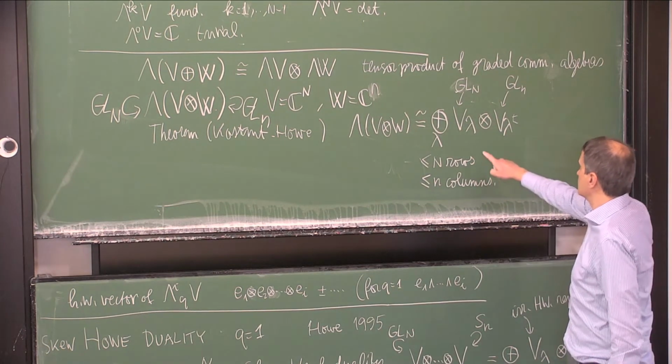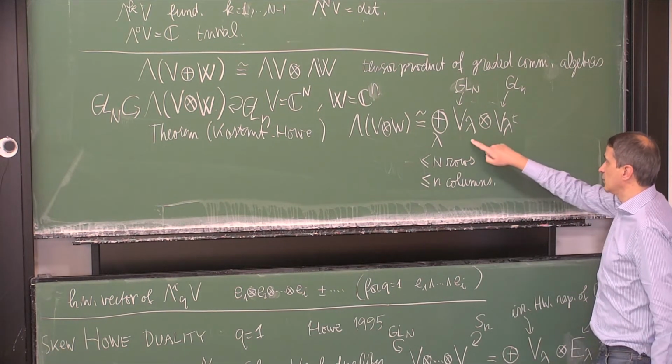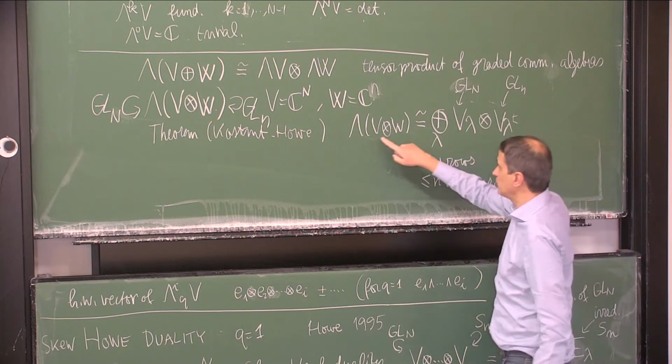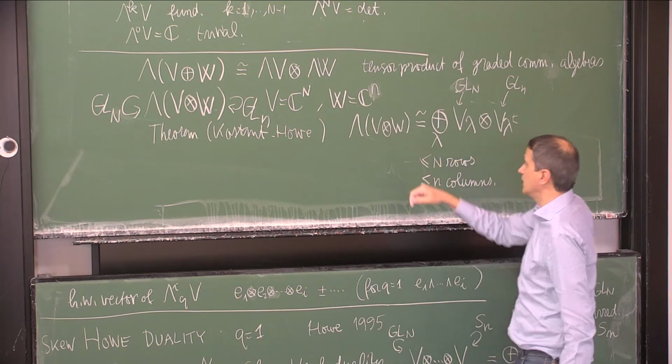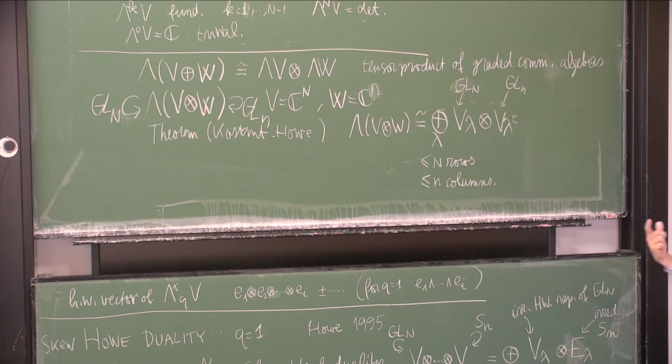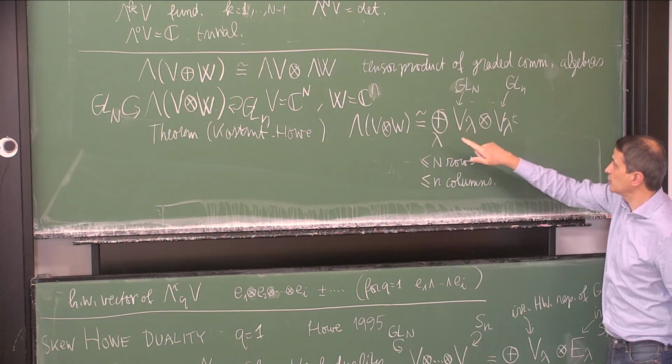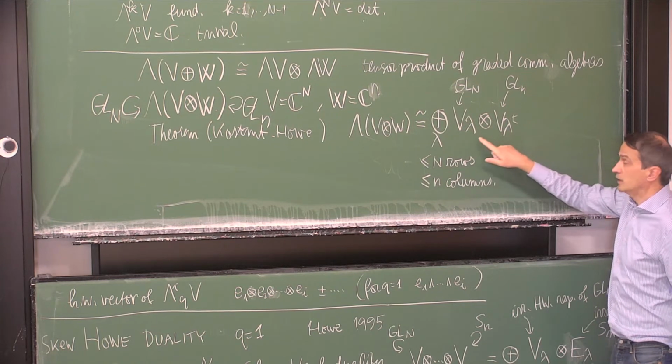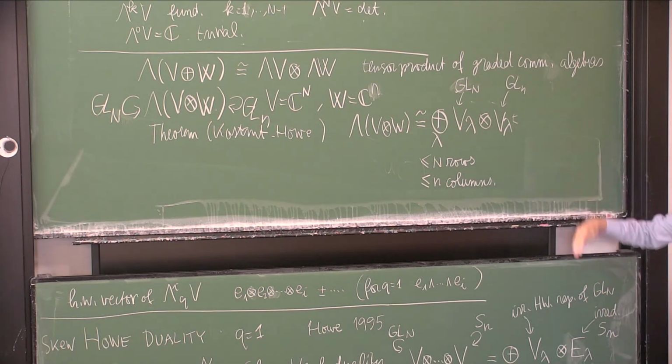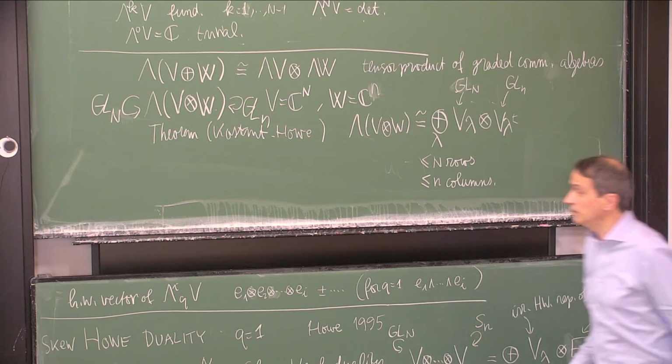To explain this decomposition, you have to give, in this tensor product, in this exterior algebra, some vectors which are highest weight for both these representations, and then from there you can construct the representation. So let me give these vectors.